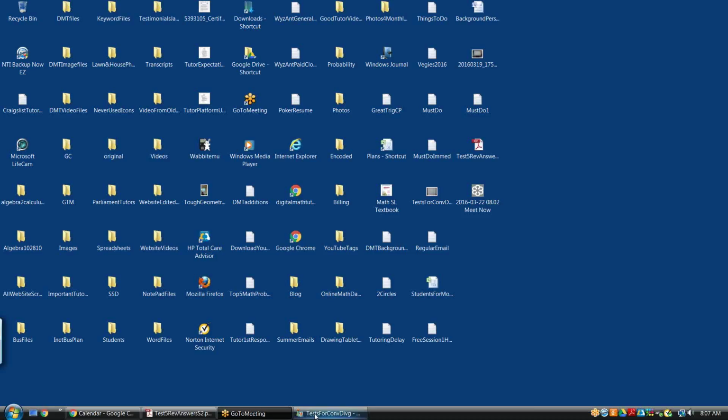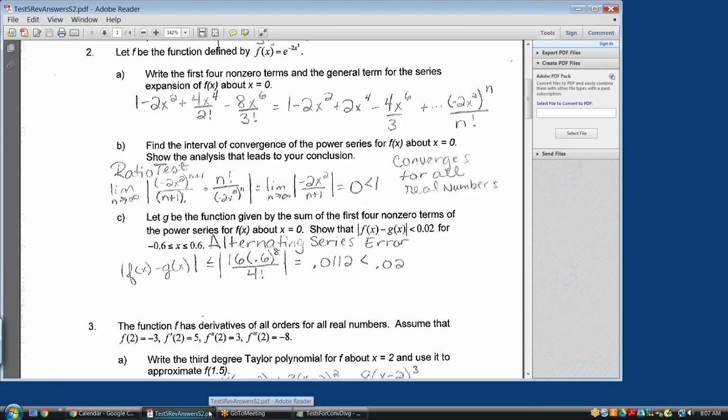But anyway, it's not key that we know that, or that I know that, as long as you know it. So we're plugging in minus 2x squared for x in the power series. Okay, and that gives us this power series, which we can put an nth term on.